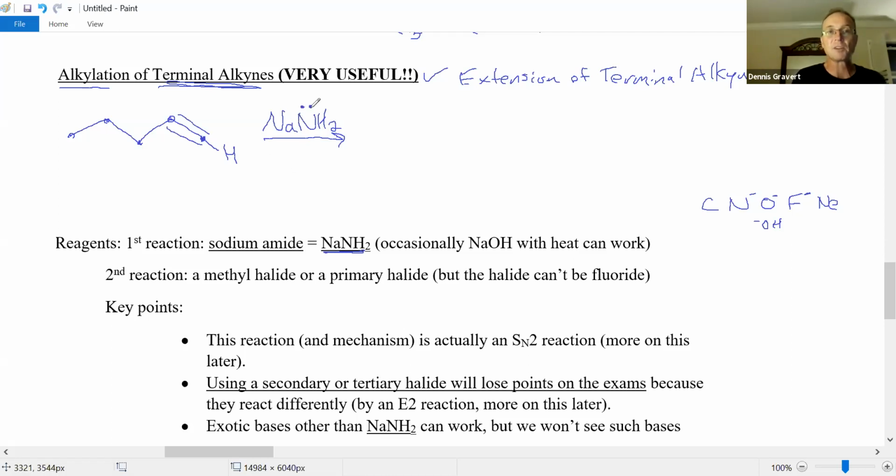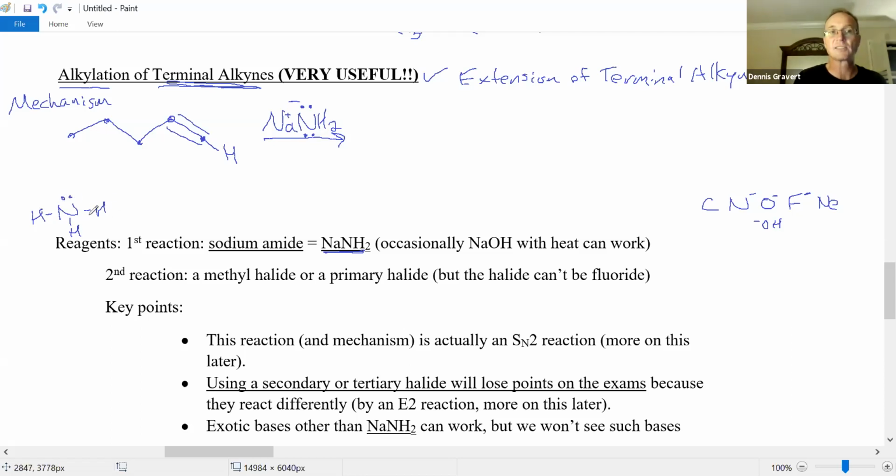So I'm going to show the mechanism because it's nice and short. Yay, short mechanism. Nitrogen, when it's negatively charged, sodium is positive, nitrogen has 2 lone pairs, right? Ammonia, NH3, has 1 lone pair.